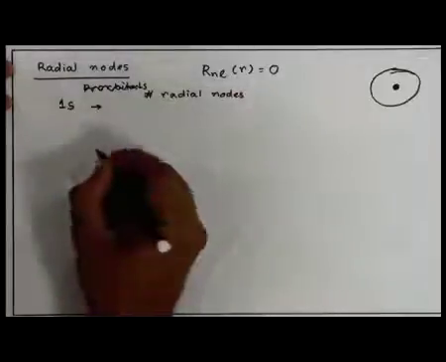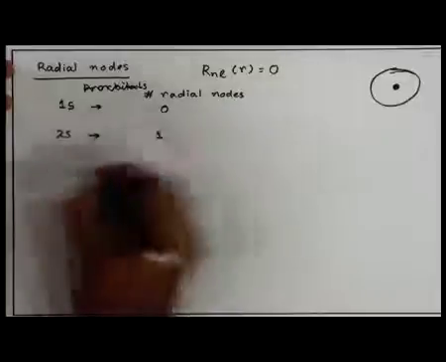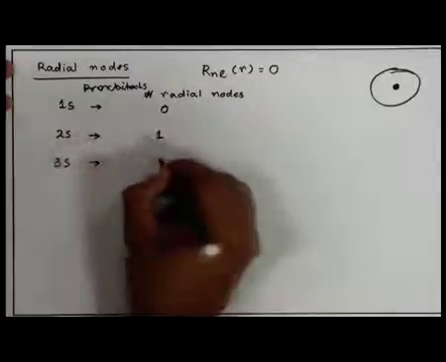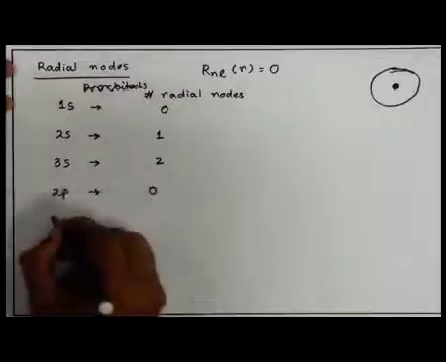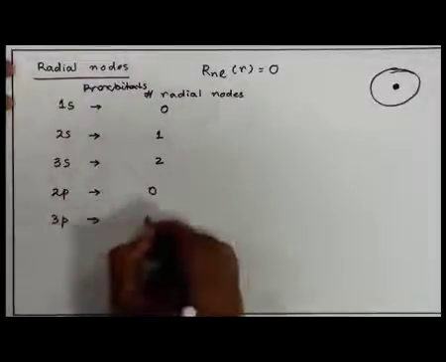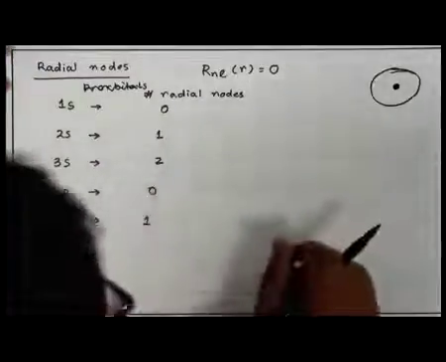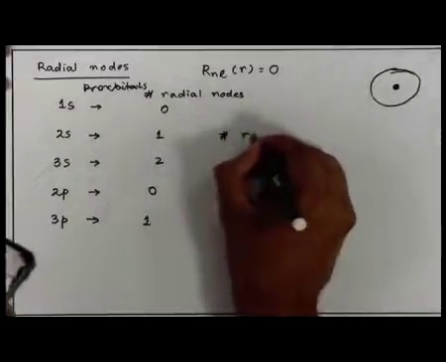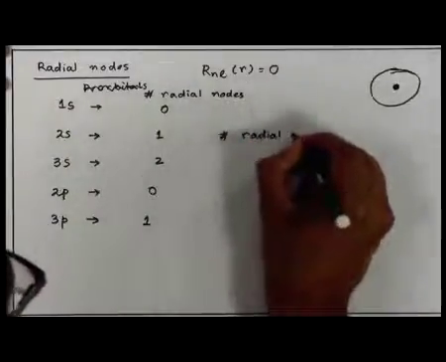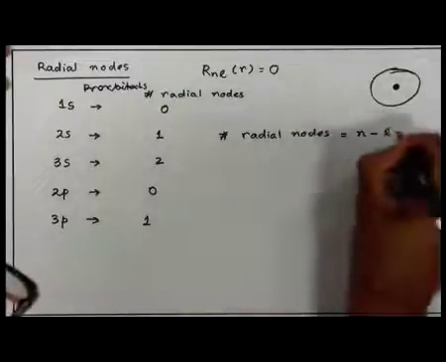For 1s orbital I got 0, for 2s I got 1, for 3s I got 2, for 2p I saw 0, for 3p I got 1, right. This is what we saw. Now, we can have a general definition as to number of radial nodes that an orbital will exhibit is given by n minus L minus 1.